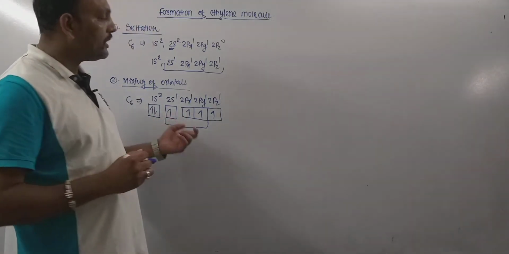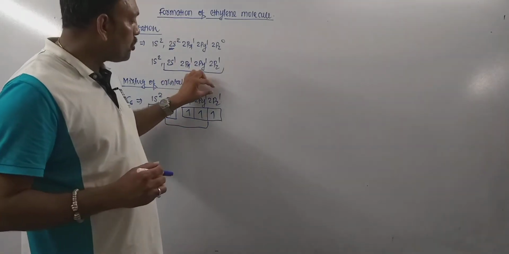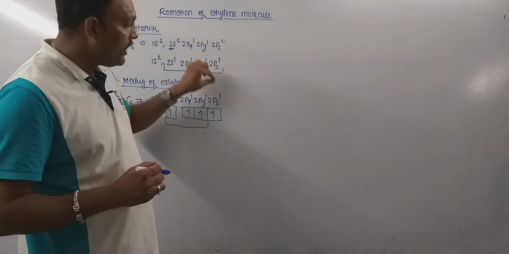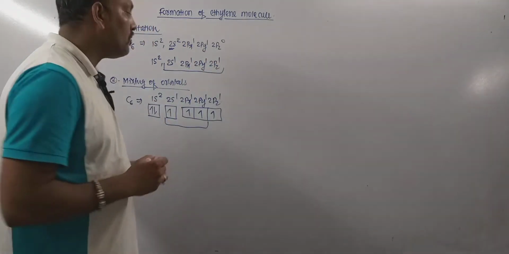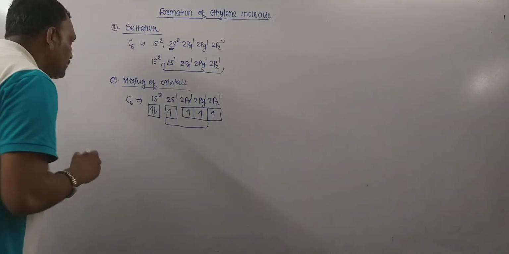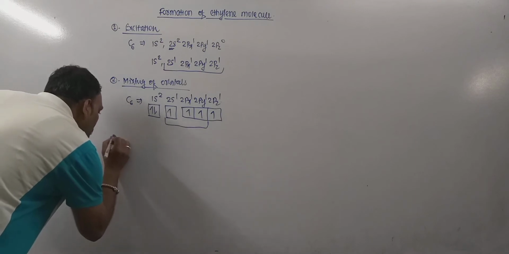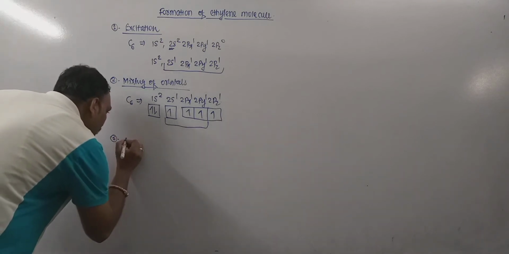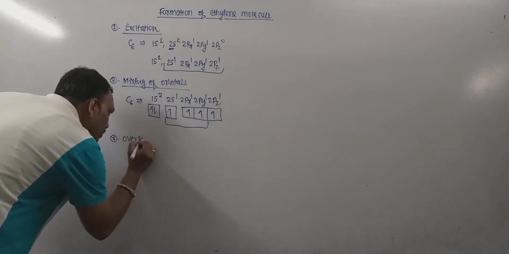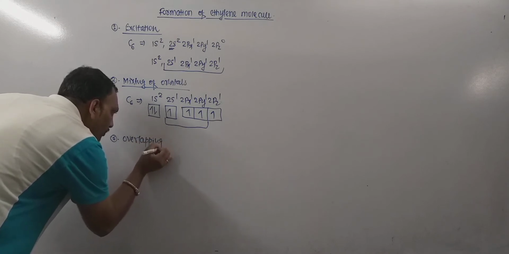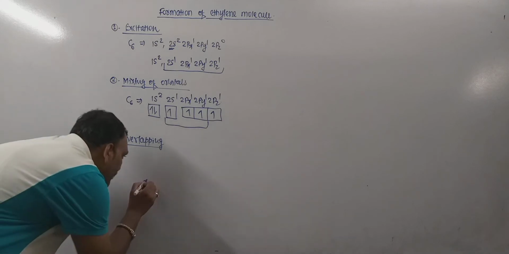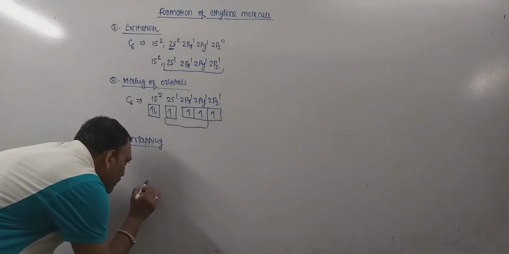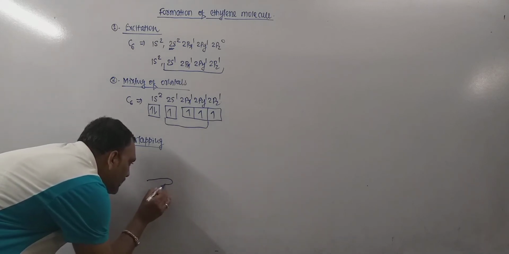But right here one thing to be noted is that the 2pz orbital having an unpaired electron remained unhybridized. So exactly what happens? Remember, we are concerned with overlapping or bond formation. Carbon undergoes sp2 hybridization.